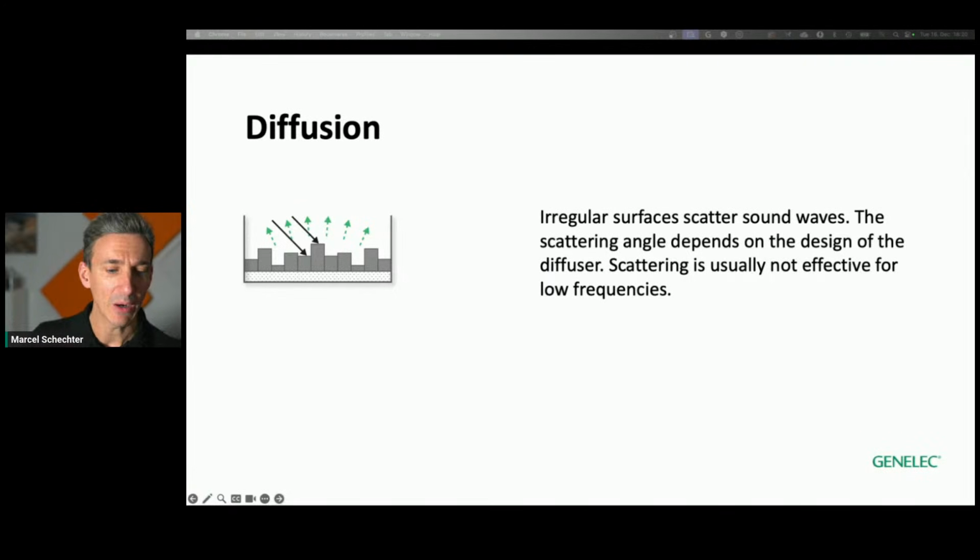I would like to point out that usually if you want to optimize your room, especially for mixing, producing, but also at home for hi-fi listening, diffusion, in my opinion, is not that important. These things look very nice because they're usually well made, but broadband absorption is always the best way to start.